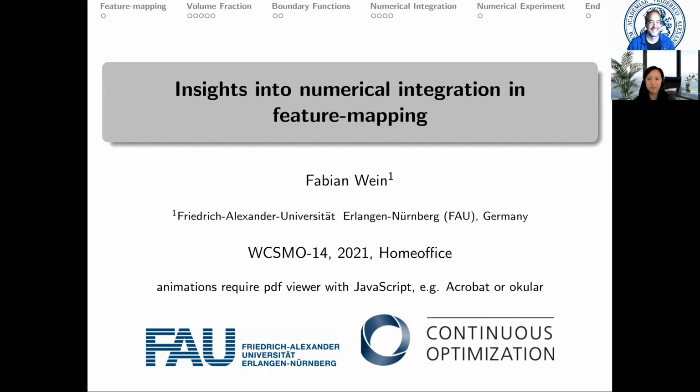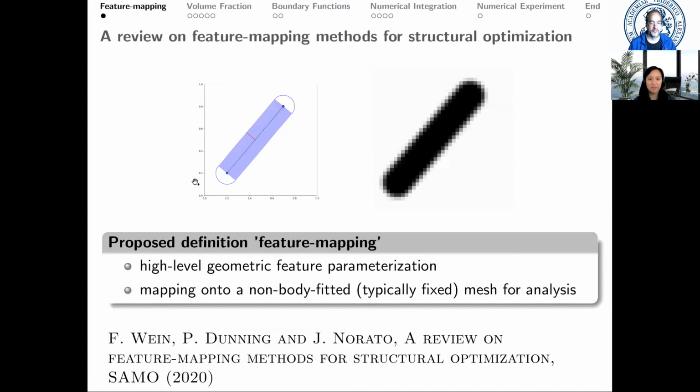Thank you very much. Feature mapping are these kinds of methods where we have a higher geometric object, which is parameterized, and we map it to a fixed grid in the previous form. There are meanwhile a wide range of methods available of different kind with a lot of common features.